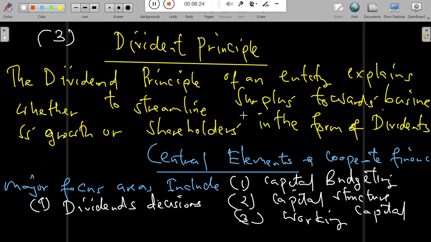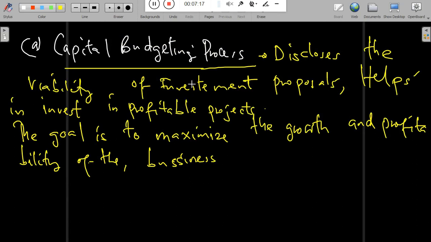There are some central elements in corporate finance. Corporate finance's major focus areas include capital budgeting, capital structure, working capital, together with dividend decisions. Under the capital budgeting process, the firm discloses the availability of investment proposals, and it helps in investing in profitable projects.